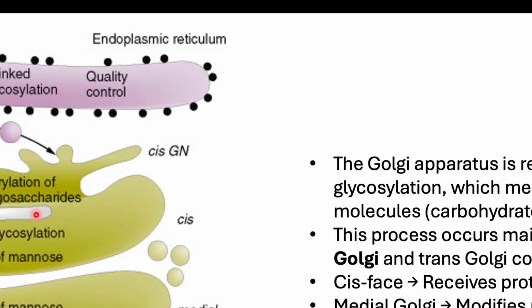Cis receives the protein, medial attaches the sugar group, and trans transports the protein. Three parts of the Golgi. Is everyone clear? Very good, very good.